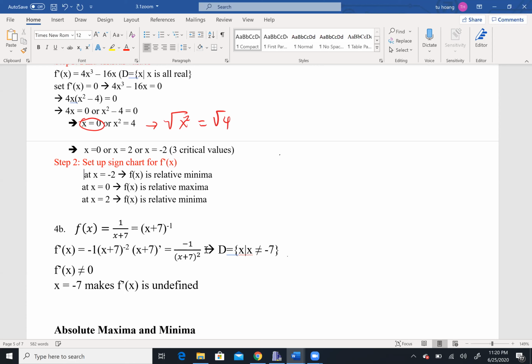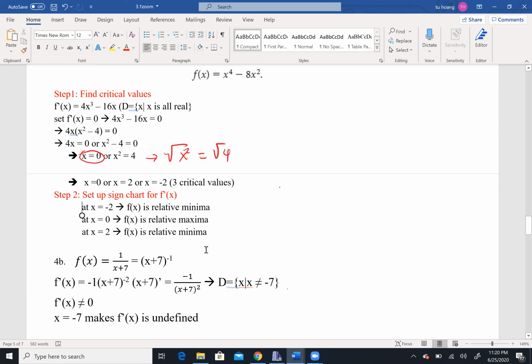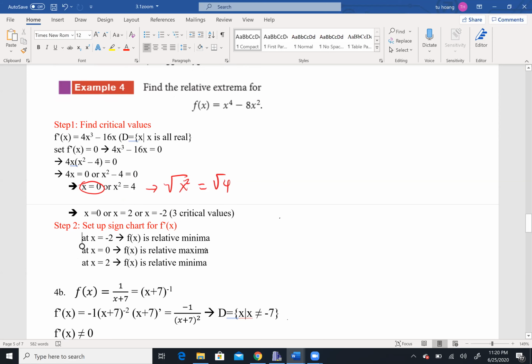So now I will have a number line here. Actually, I'm going to move up here. It's going to go from negative infinity to positive infinity. I'm going to make it a little bit longer because I have 3 critical values.